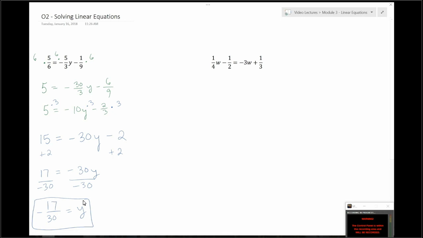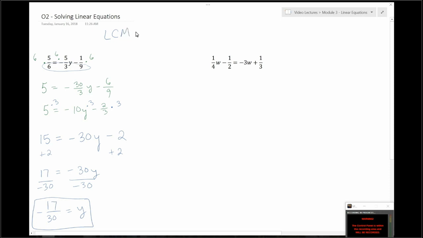So, with this strategy, I like to eliminate the fractions one at a time. You don't necessarily have to do that. You could eliminate all of the fractions at once if you look at the denominators and find the least common multiple.